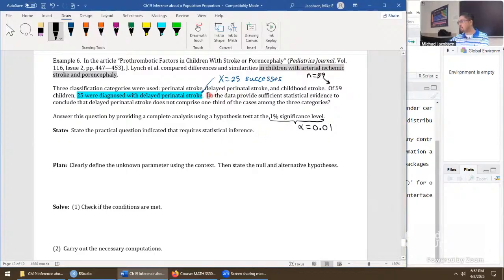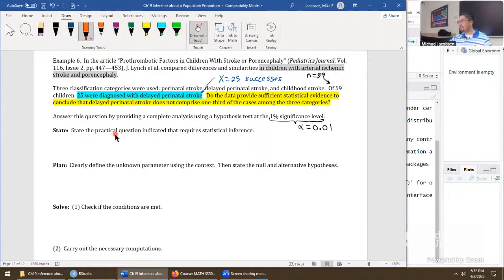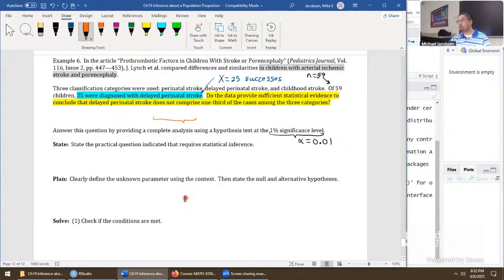And this right here is essentially the alternative hypothesis. It's mentioning the successes, delayed perinatal stroke rather, and it says, does not compromise 1/3. That said a lot. When it says, does not compromise, that sounds like a 2-tailed test. It didn't say is less than 1/3 or is greater than 1/3.